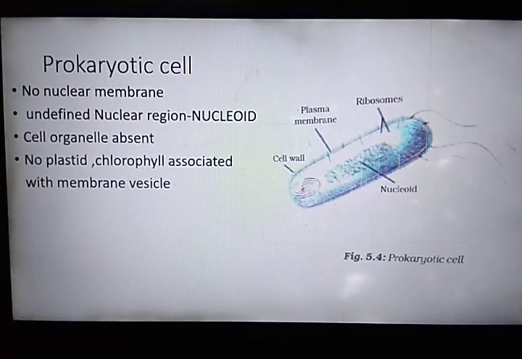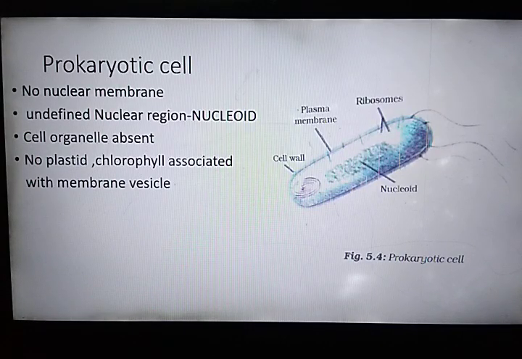In the last lecture, we studied the difference between the prokaryotic cell and the eukaryotic cell. We have studied about the nucleus, that the nucleus is surrounded by the nuclear membrane.